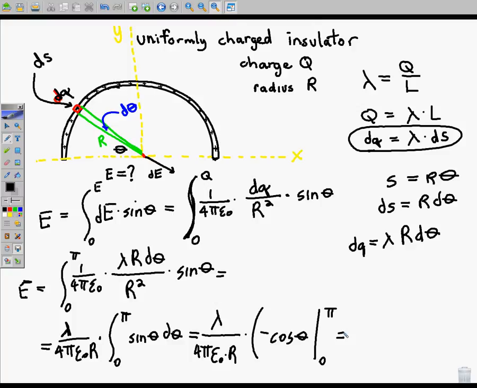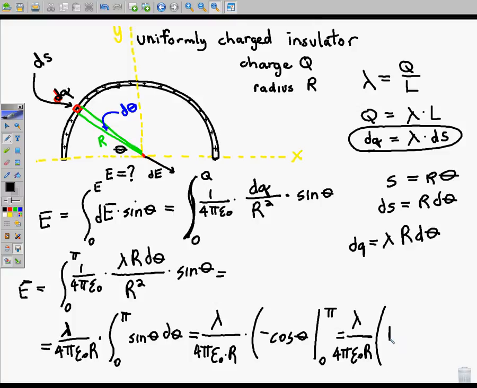And then if we plug those in, we get lambda over 4 pi epsilon 0 r times... if we plug in pi, what's cosine of pi? Negative 1. Plus we got the negative 1 out there, so it's 1.